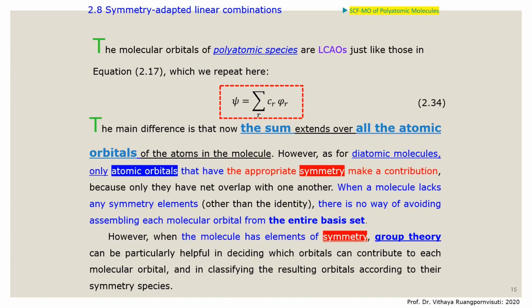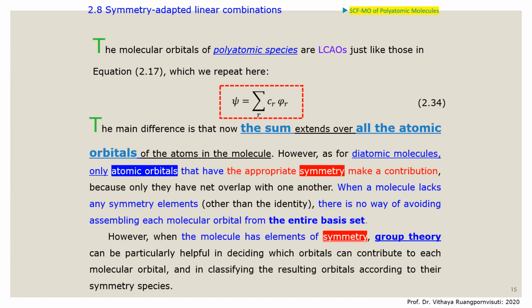However, as for diatomic molecules, only atomic orbitals that have the appropriate symmetry make a contribution, because only they have net overlap with one another. When a molecule lacks any symmetry elements, there is no way of avoiding assembling its molecular orbitals from the entire basis set.